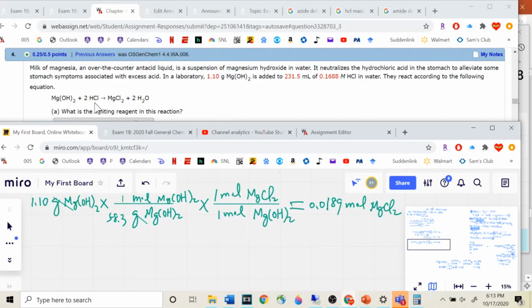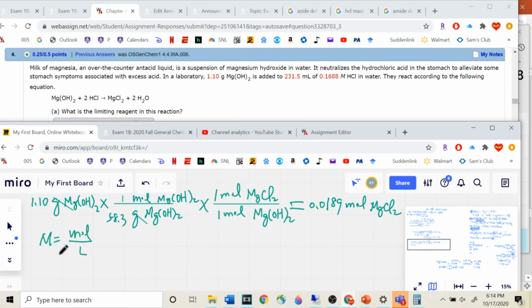Now we have to do the same for the second reactant. But for the second reactant, it is actually a solution. So we need to find out the mole quantity from this HCl solution. The key equation here for HCl is the key equation for molarity.